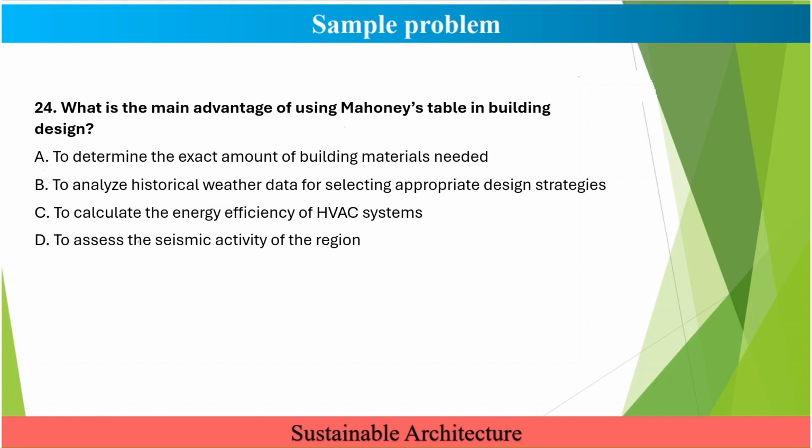Option B is the right answer. This Mahoney table provides insights into design features that can improve thermal comfort and efficiency based on the local climate conditions or historical weather data.